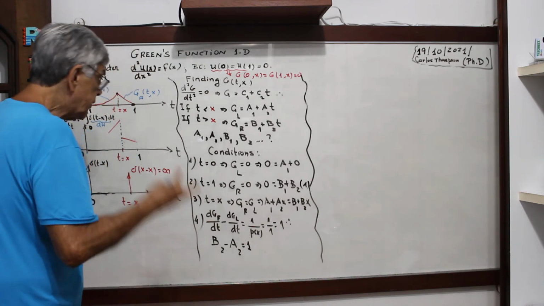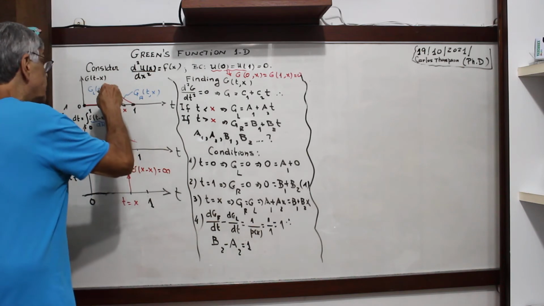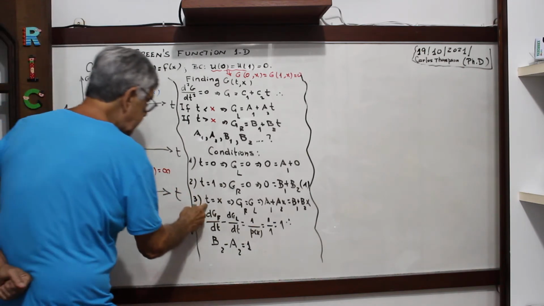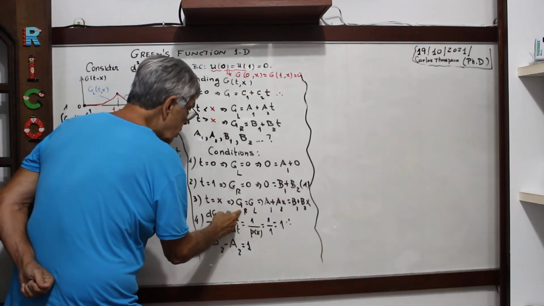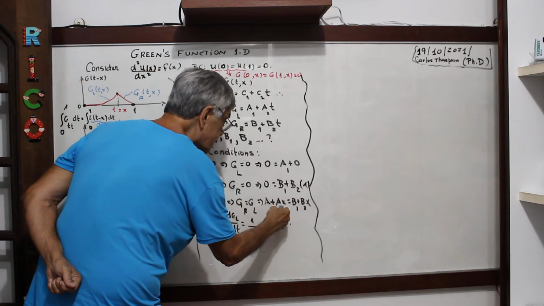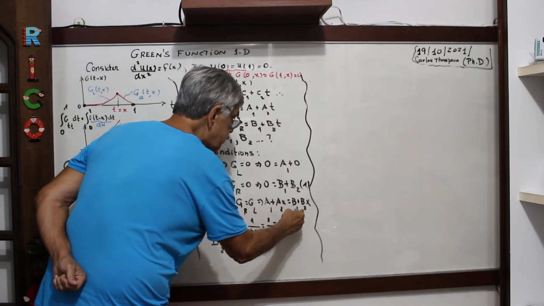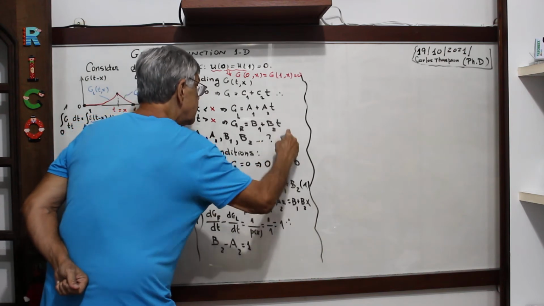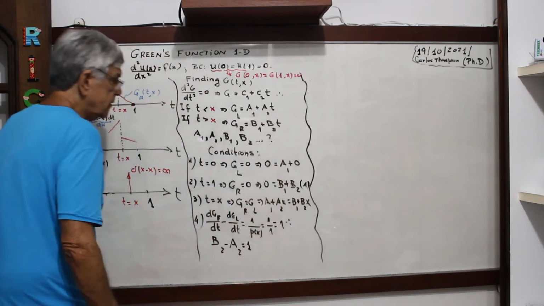Now the third condition, it is continuous at t equal x, so no problem. If t is equal x, GR is equal GL, so A1 plus A2 x is equal B1 plus B2 x.